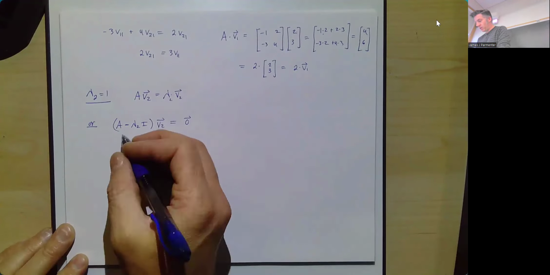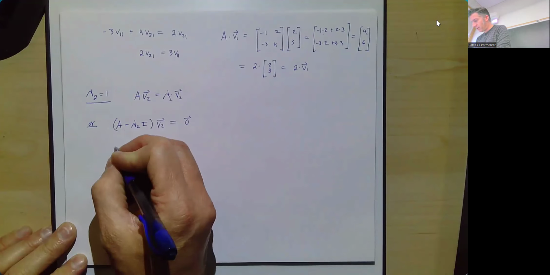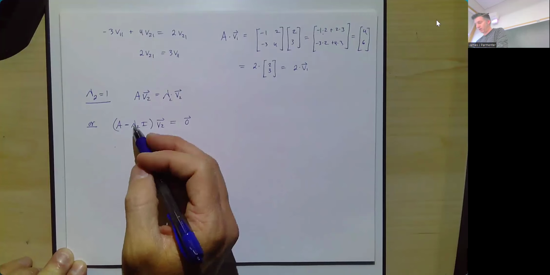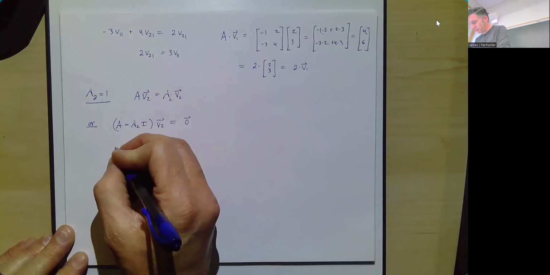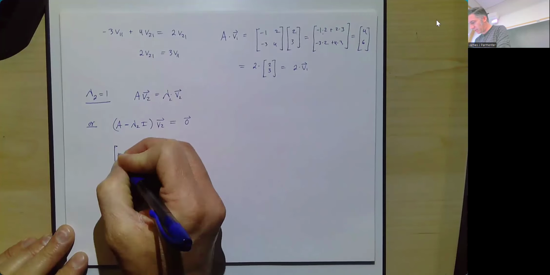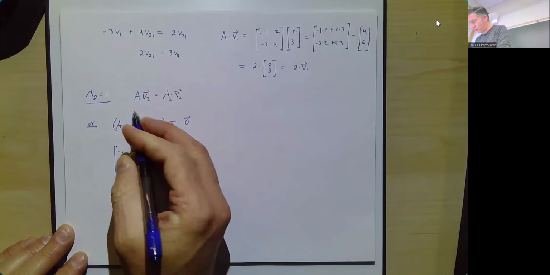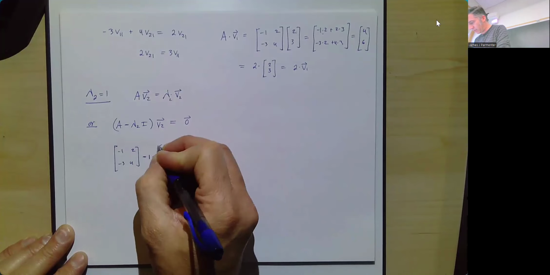So here we're going to do this. We're going to say, okay, well, A minus lambda. We already did A minus lambda 2 times I, but I'm going to write it again. So that's really A, which is our matrix, -1, 2, -3, 4, and then we're subtracting our lambda, which is 1 times the identity matrix.